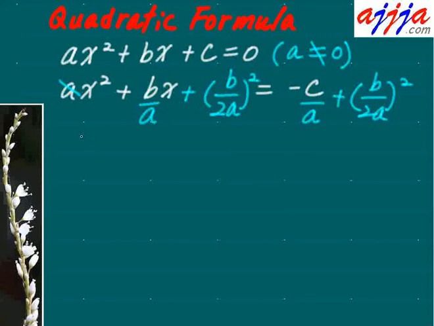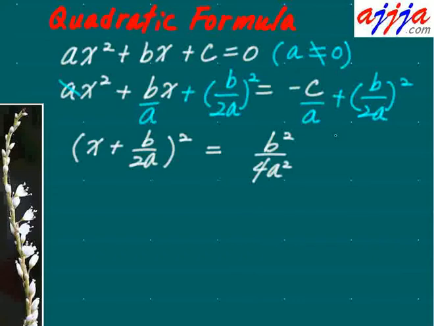So you can factor this one: x plus b over 2a, then squared. Whole thing. So we call it a perfect square. Now equals. We're going to calculate the right hand side. b over 2a squared means b squared over 4a squared, because 2a times 2a is 4a squared.